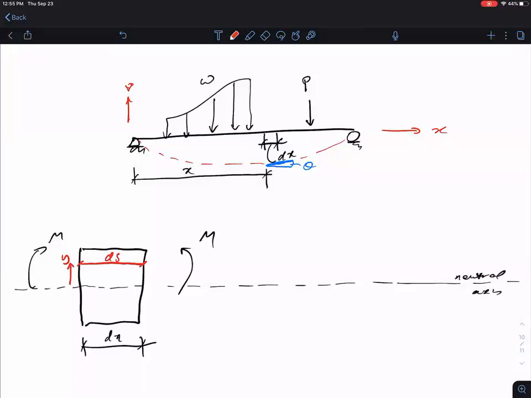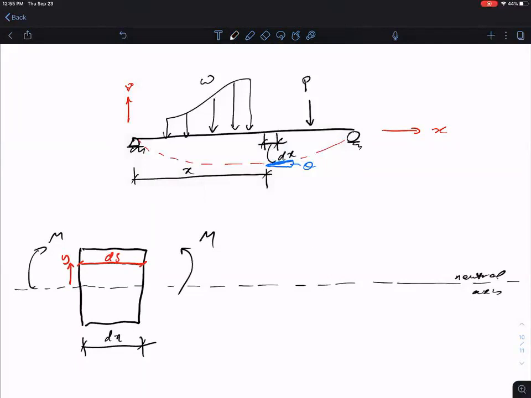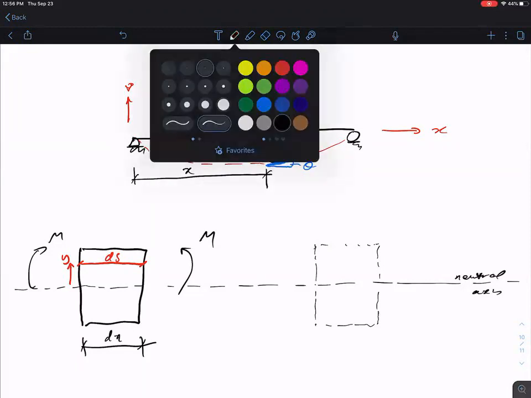Now let's look at the case after deformation occurs. So we'll start with the undeformed, and so after deformation occurs, you're going to have something that looks like this.